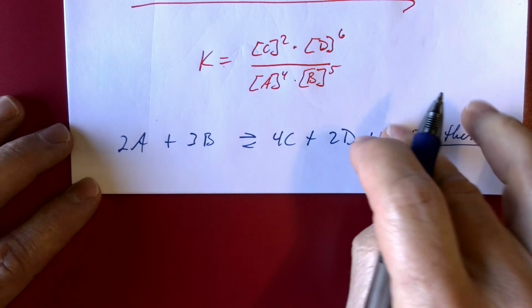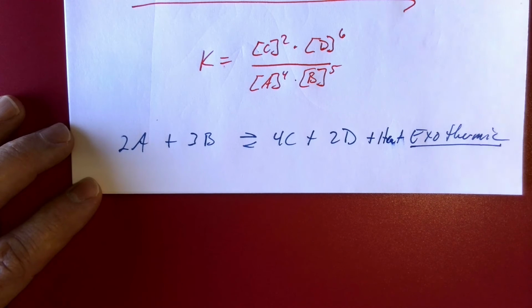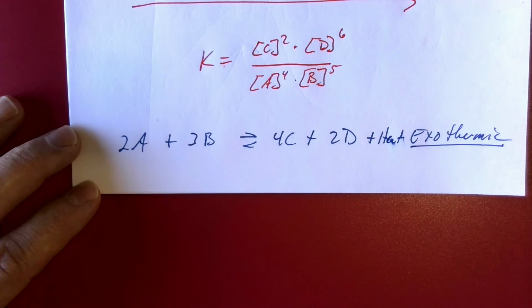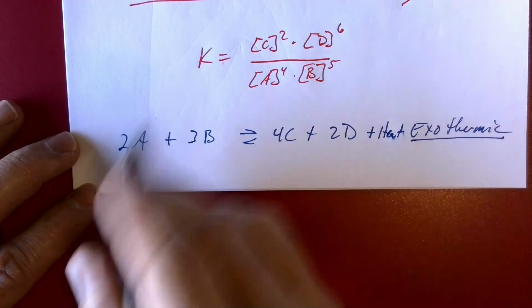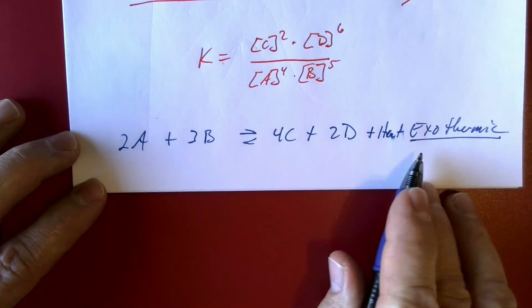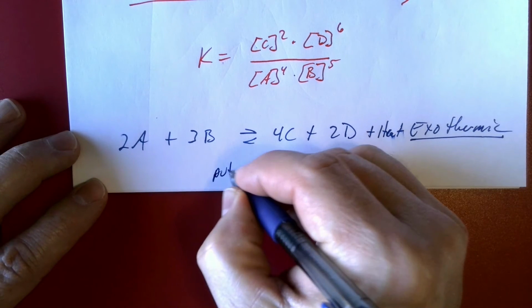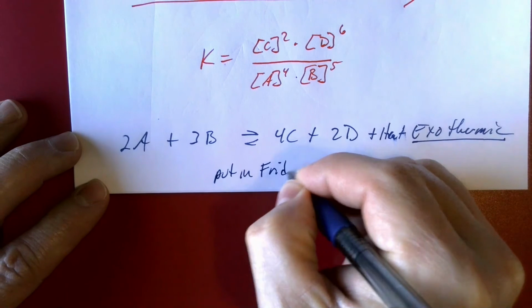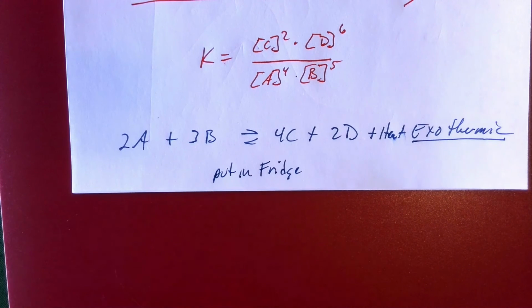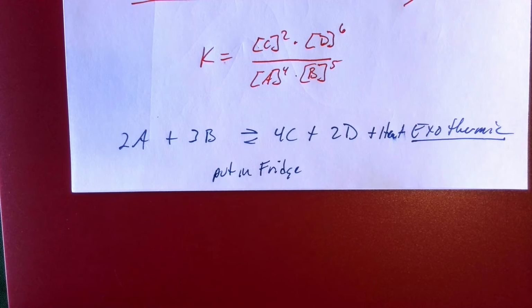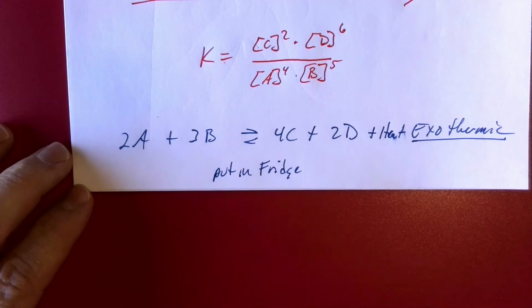Now you've got to be really specific about what happens here. So look, let's say I take this reaction as it's written and I put it in the fridge. Does anybody know what it's going to do to that? By putting it in the fridge, what am I doing? Slowing it down. Well, it depends. This is exothermic, right?